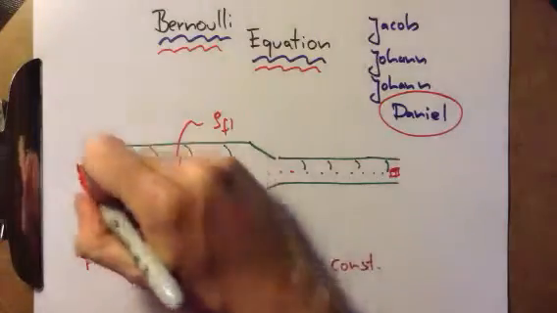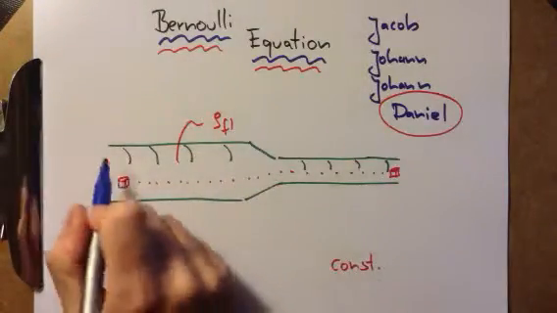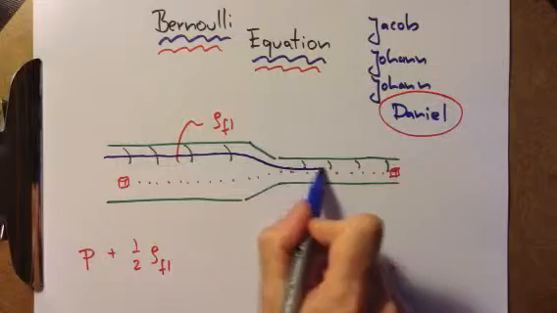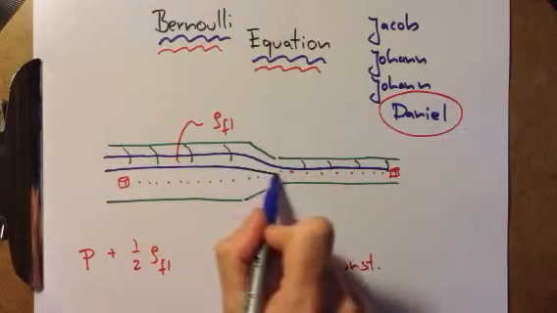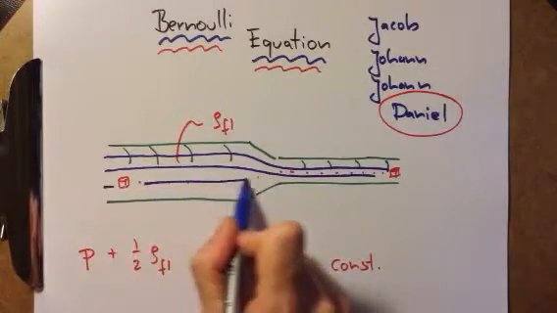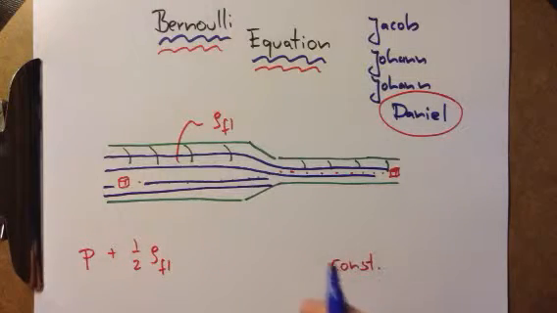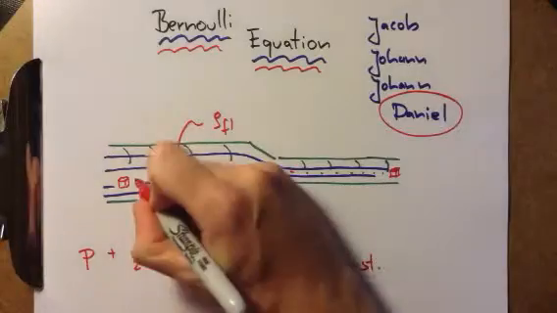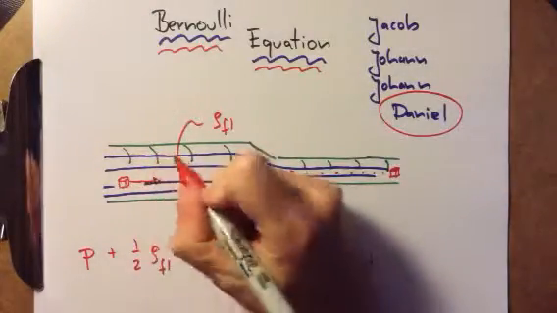maybe water, this might be water flowing through here, which is a very common case. So we have the density of water, 1000 kilograms per cubic meter, times the speed of the volume element at this time, or at this point in the fluid.